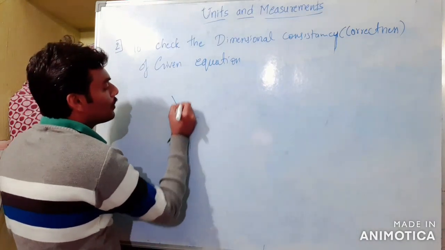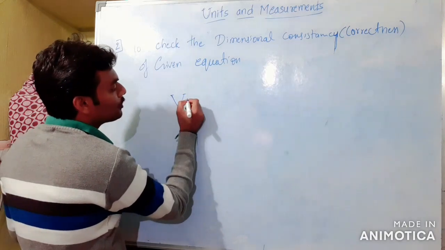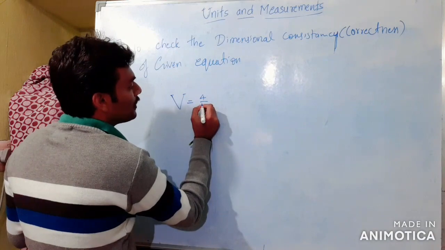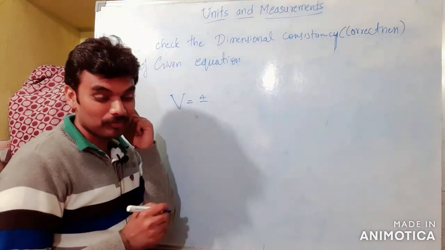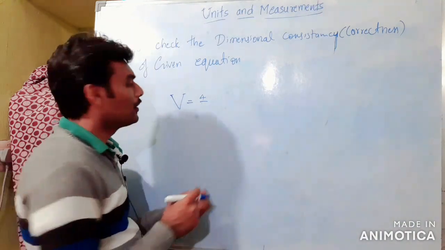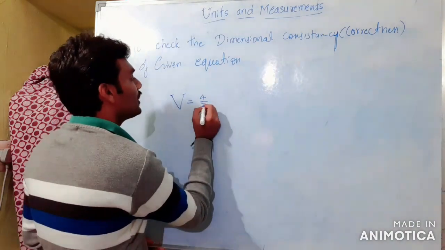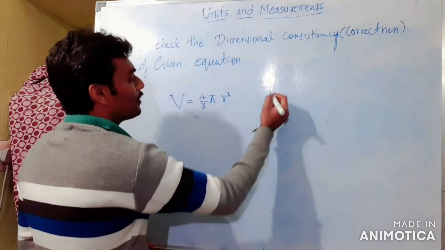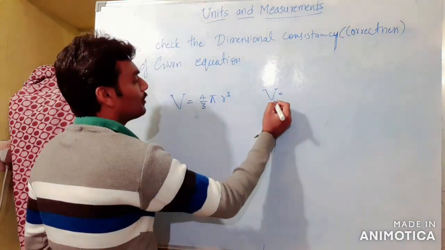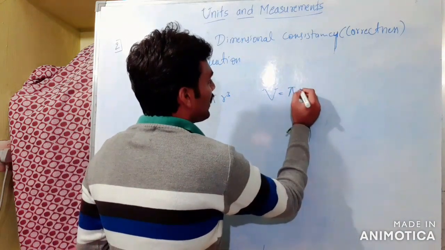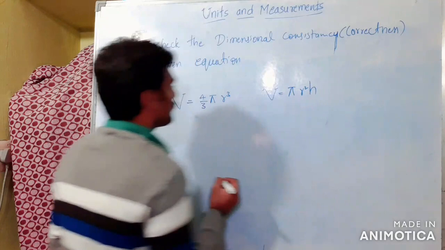We have so many volumes we can include. One of them is the volume of a sphere, 4 by 3 pi r cube, and for the volume of a cylinder we have one more formula, which is pi r squared h.